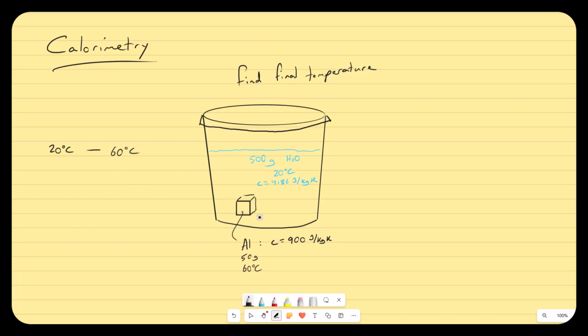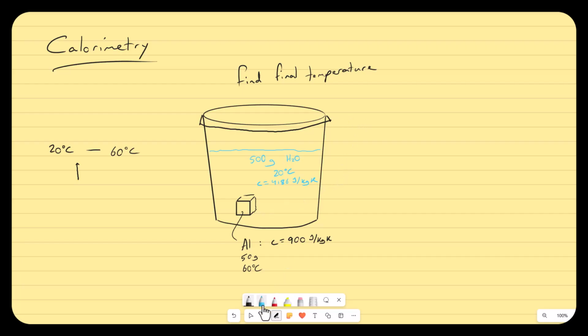I've got more water than I do aluminum, so I'm expecting that I'm going to be closer to the 20 degree mark. If I do this whole thing and I get 40 degrees, I will know that I've done something wrong. If I get something outside the 20 to 60 range, I'll definitely know that I've done something wrong. So that's going to be my broad scale consistency check.